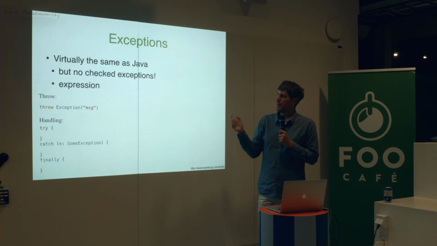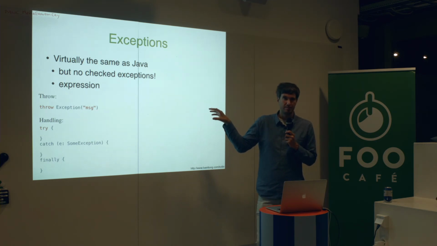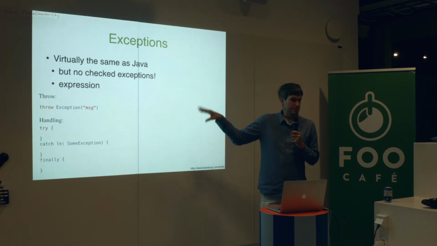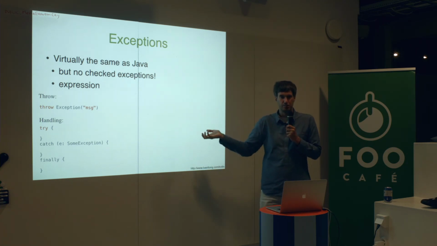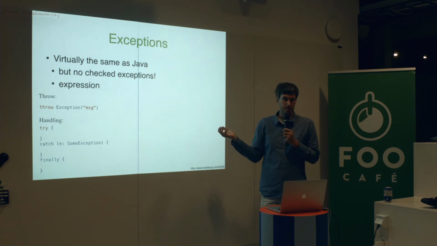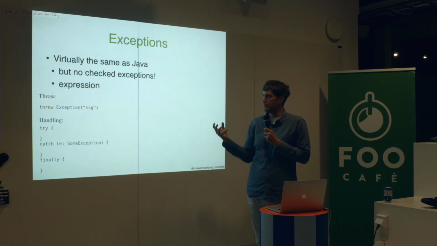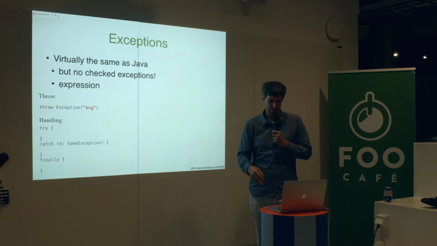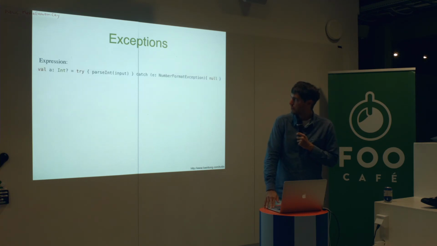I mean, it's understandable why. I personally lack some innovation in this space, but it's understandable why they haven't innovated so much, because they wanted to be interoperable with Java, probably. Because there are other ways to handle errors, which I find to be much better in other languages.